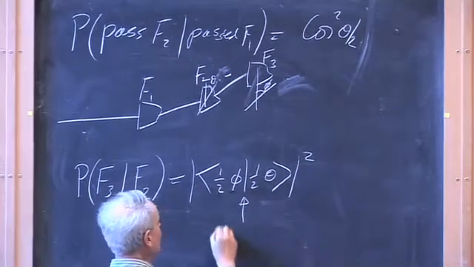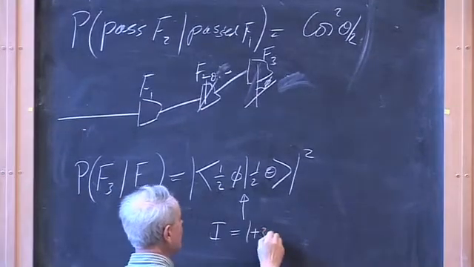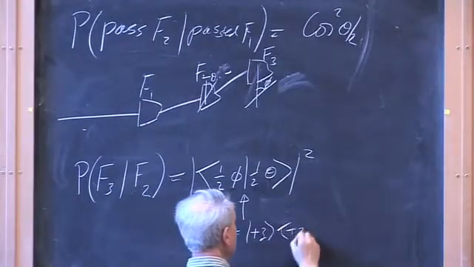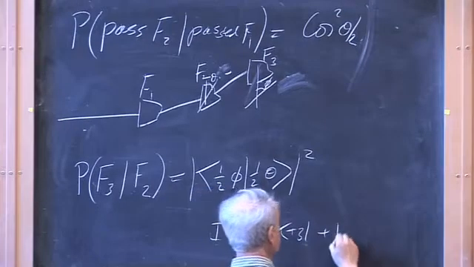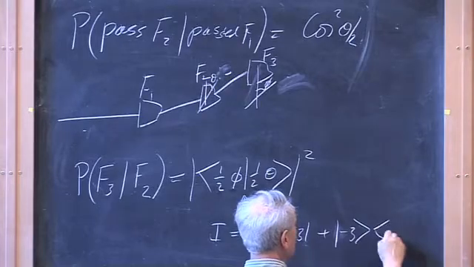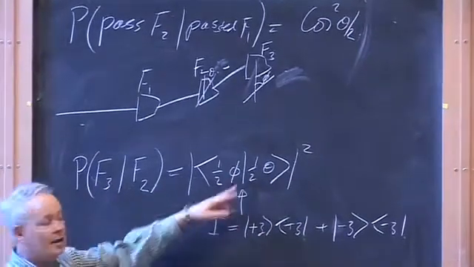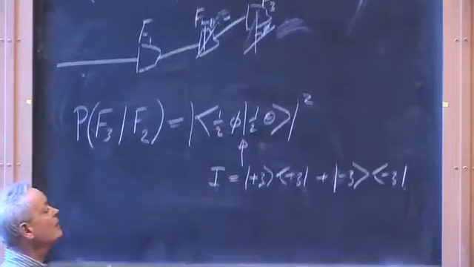I can slide the identity operator, taking the form of plus on z, plus on z, plus minus on z, minus on z. We've slid identity operators in many times before in more complicated contexts.